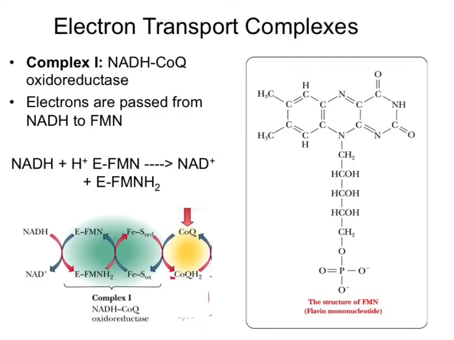Instead of being the dinucleotide of FAD, it's a mononucleotide, and that's what they're showing on the far right. That then shuttles electrons into an iron-sulfur complex. That iron-sulfur complex shuttles electrons into CoQ. So we have various stages of stepping through the electron transfer, because we want to make sure that we can control the transfer of electrons at any given point.